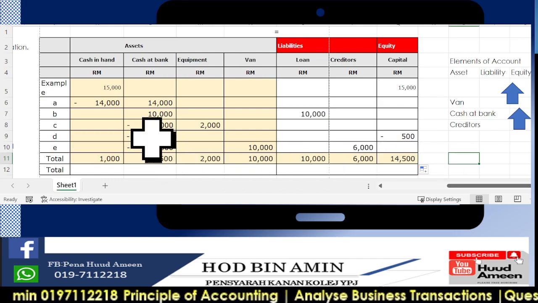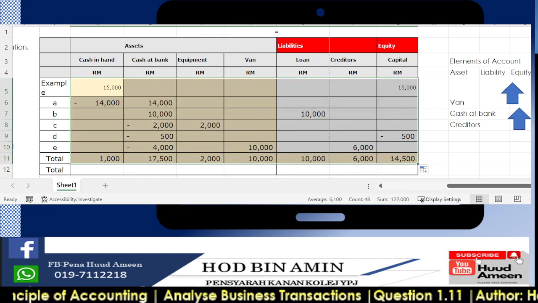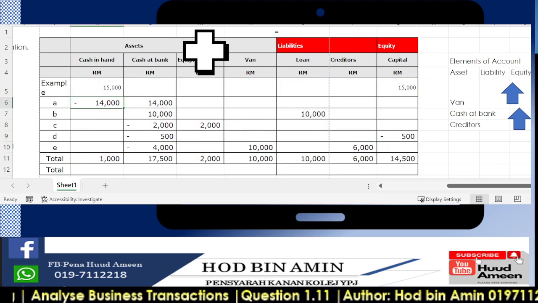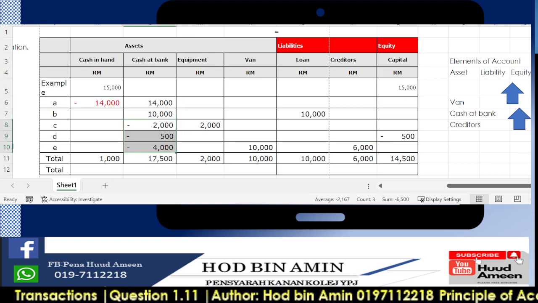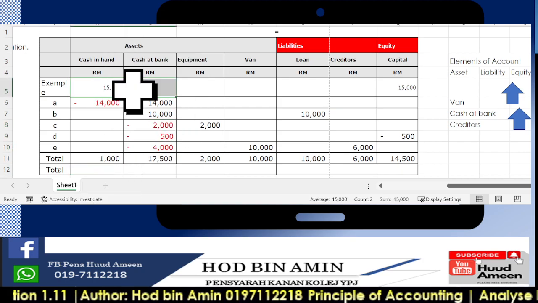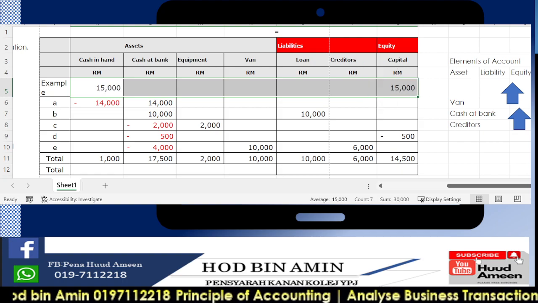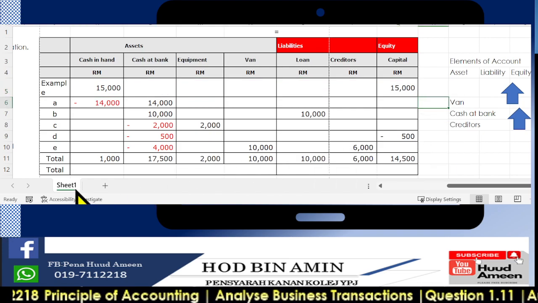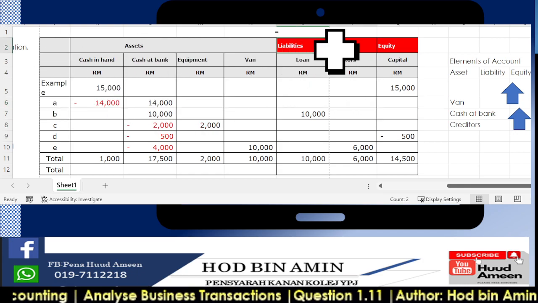Negative is red color, don't forget the negative figures. This is the total amount. You have to compare assets, liabilities, and equities.